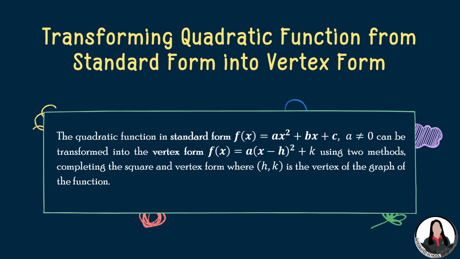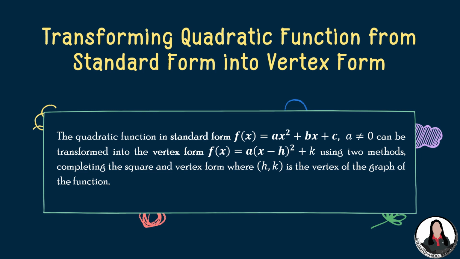Now, I want you to familiarize yourself with the words standard form and vertex form because actually a quadratic function can be written into two forms. So, kanina paulit-ulit nating sinasabi, the standard form is f of x equals ax squared plus bx plus c. So, ngayon, I want to introduce another form of a quadratic function which is the vertex form.